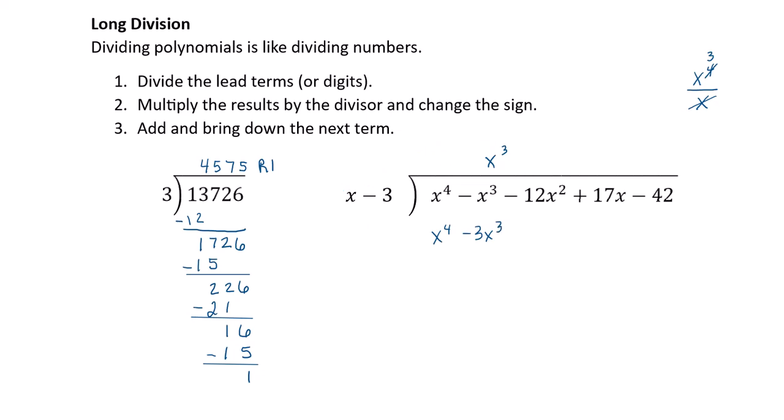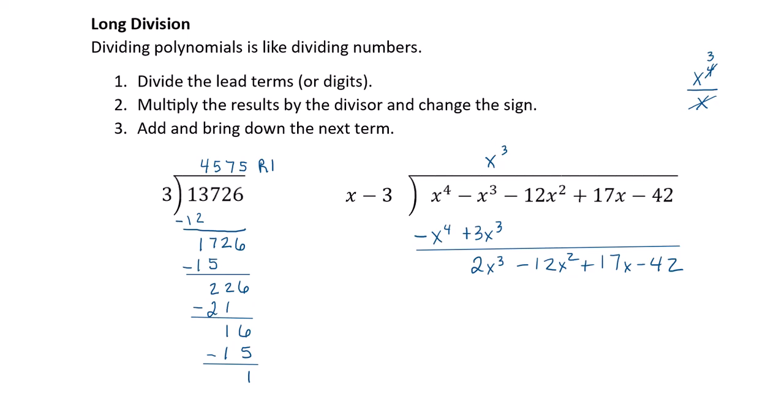Now that we're done with that, we draw our line, change our signs, and add down. My x to the fourths go away. I have a negative x cubed plus 3x cubed is 2x cubed. We'll carry down the next few terms.